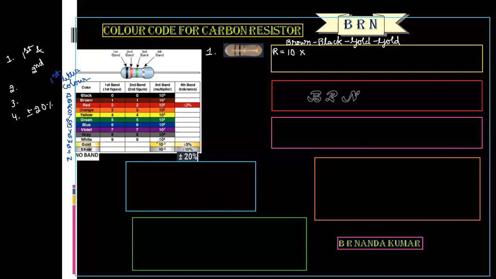That is 10 power minus 1. So 10 into 10 power minus 1 ohm. Okay. So plus or minus gold. The color of fourth band indicates tolerance. So what is the tolerance for gold color? That is plus or minus 5%.